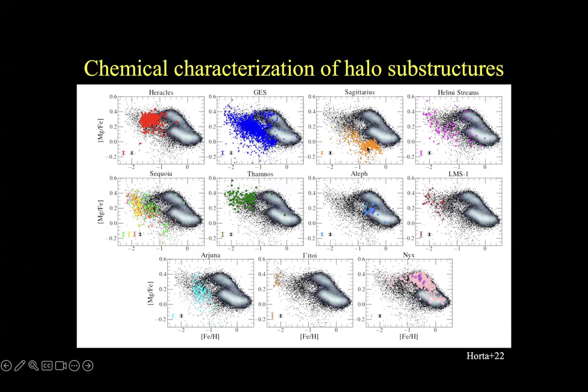Others present an upside-down knee, and others occupy different regions of the diagram. Interestingly, two halo populations conjectured to be debris from accretion events actually overlap in chemistry with the disk, for example Aleph and Nyx. This implies that these populations likely formed in situ but have somehow ended up on orbits that more resemble the stellar halo.